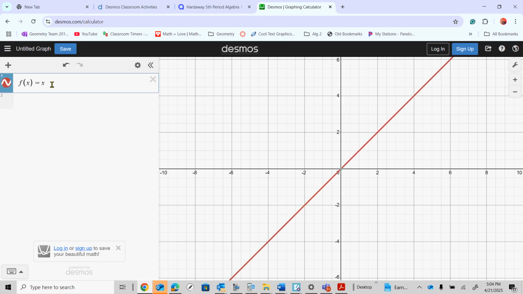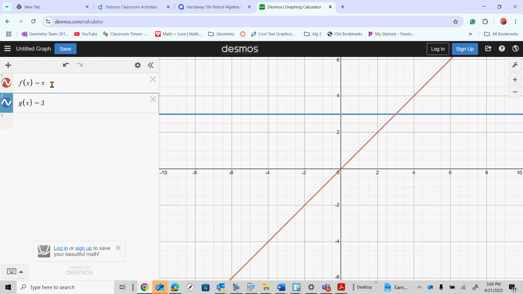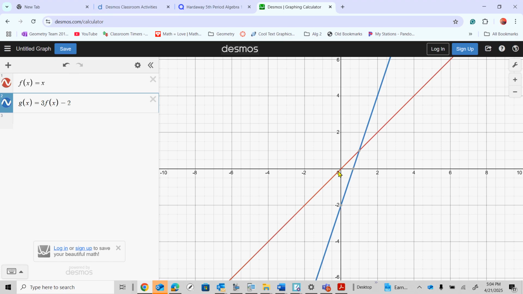Enter, there it is. And then you can go g parentheses x, and type how I saw it: 3, then f of x, and then minus 2. And then I can physically see that it got steeper and it shifts down.